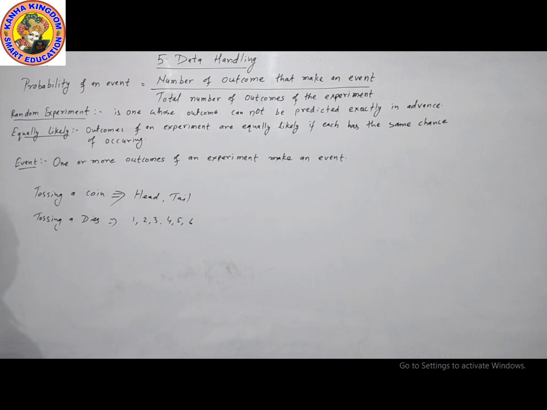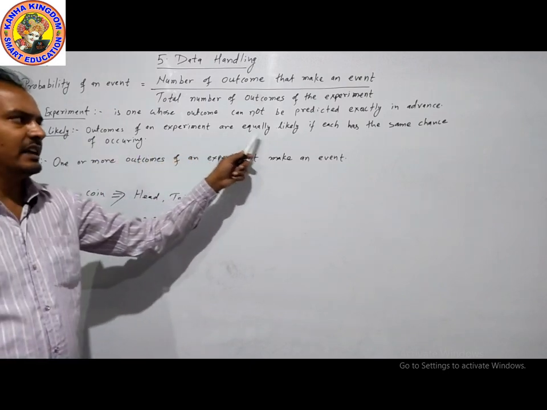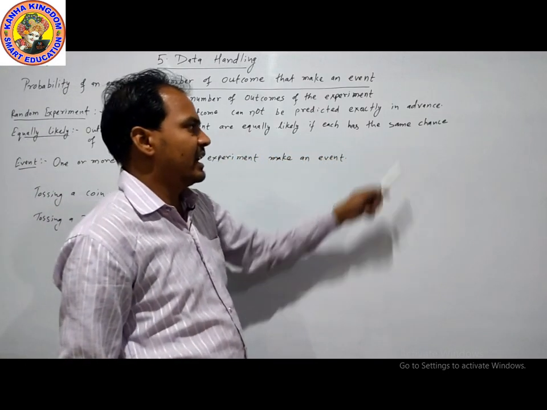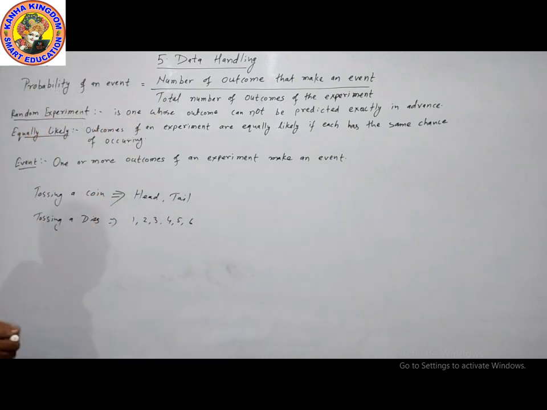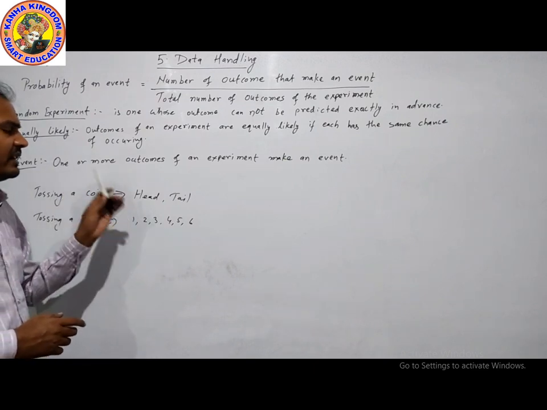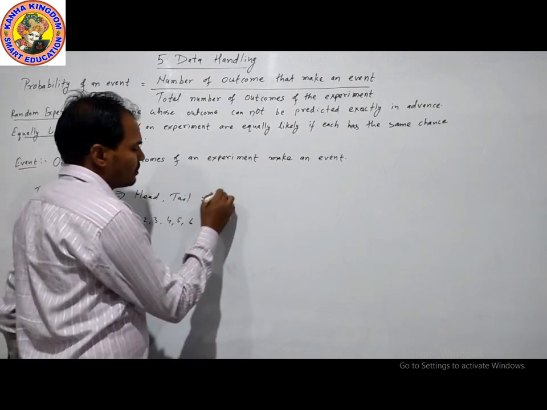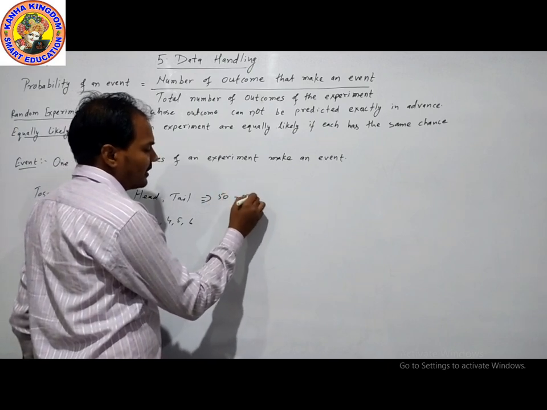Now the next definition is equally likely. Outcomes of an experiment are equally likely if each has the same chance of occurring. If in any experiment each outcome has the same chance, like head and tail have the same chance, 50-50.